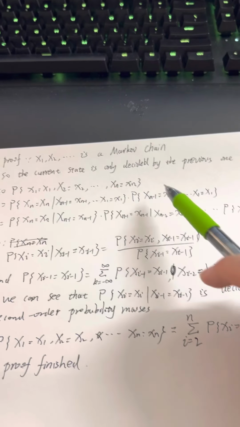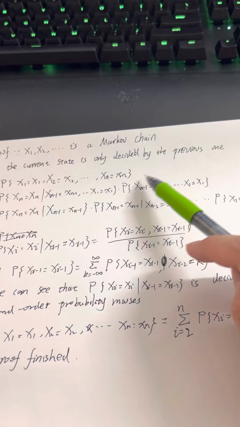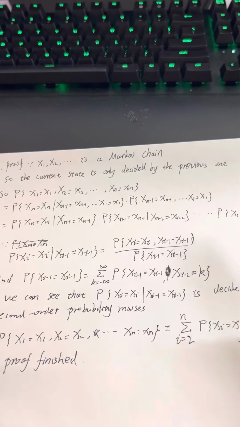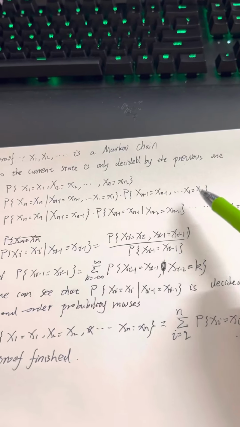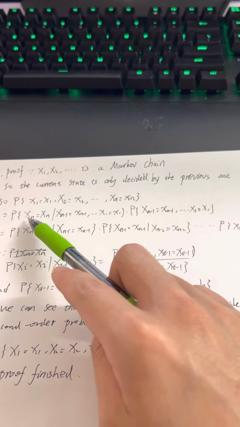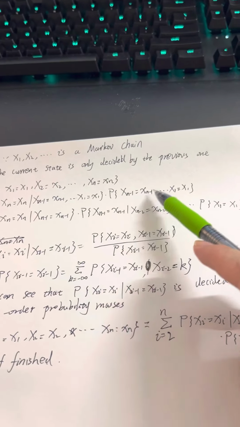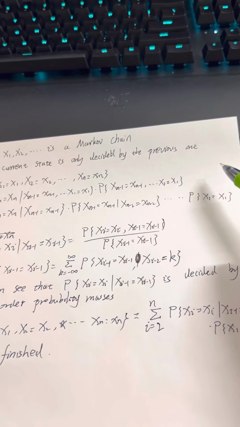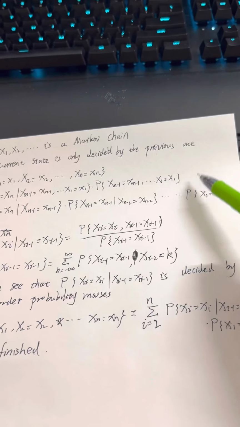For this one we can also write it using conditional probability, like from this line to the second line, and we repeat it many times. Finally we get the conditional probability of Xn given Xn minus 1, Xn minus 2, and so on, down to the probability of X1, like this.